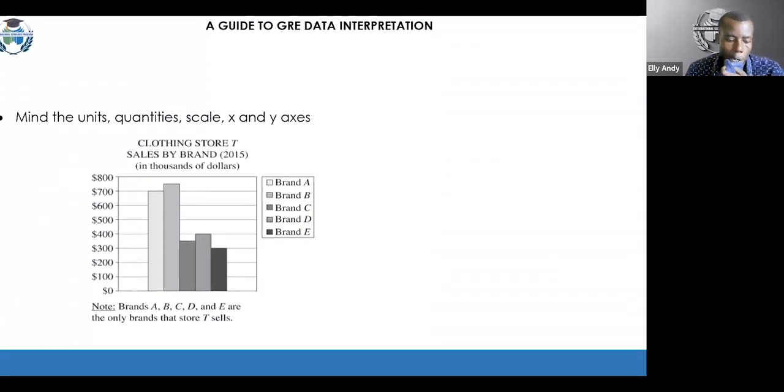Then you also need to focus or pay attention to the units, quantity, scale, and even the labeling of the X and Y axis. And maybe this forms part of the previous step that you need to study the question table first. Look at this chart we have on the screen, where the y-axis, of course, is the vertical one, and you have the x-axis, the horizontal.